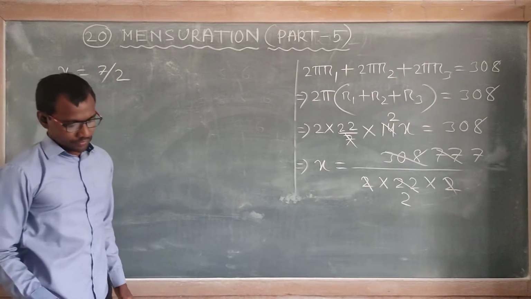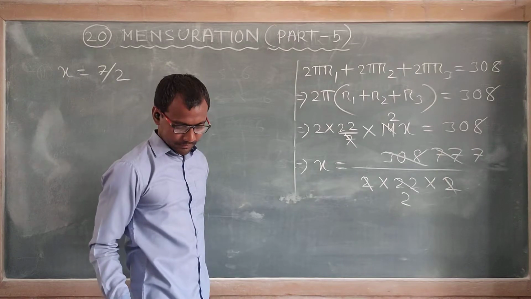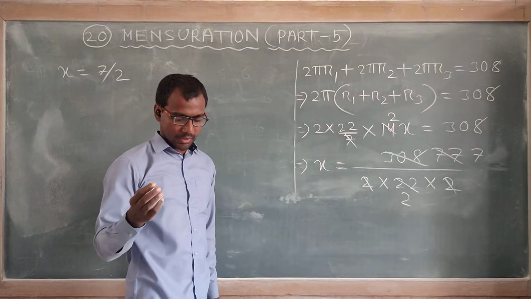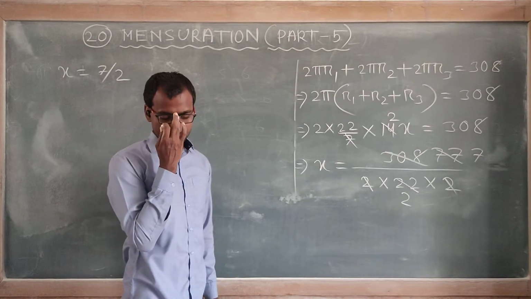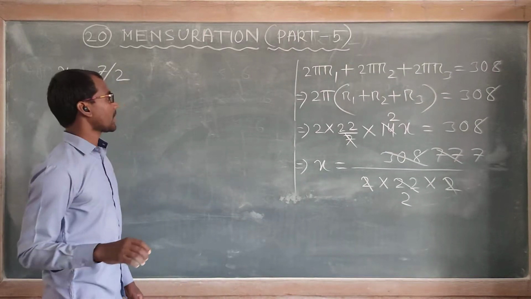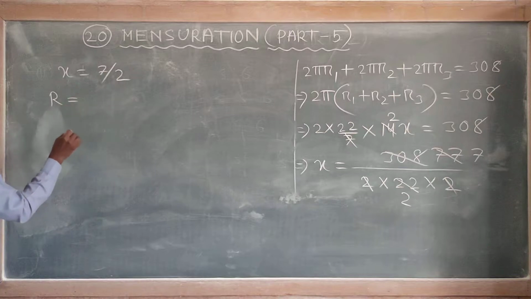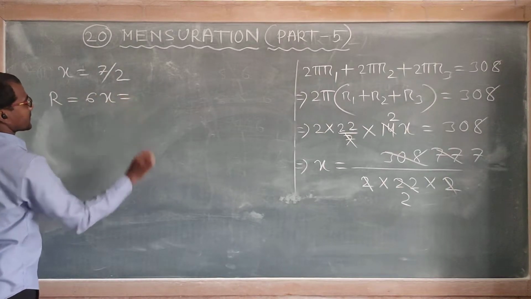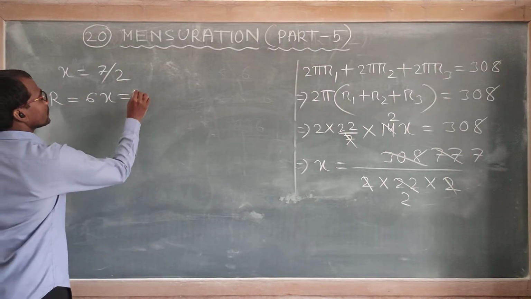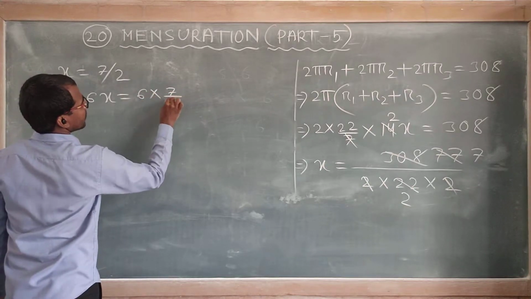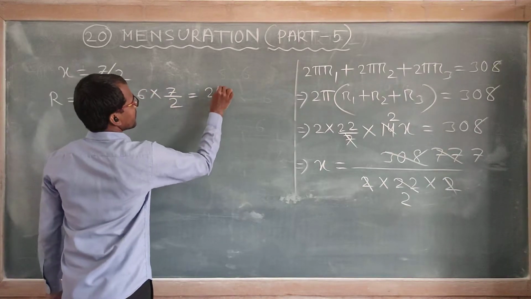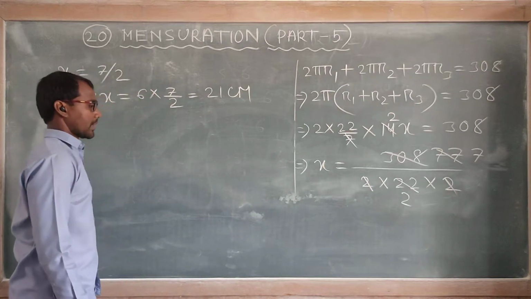x is equal to 7 by 2. So now we have to find the difference between the area of the largest and the smallest of these circles. Okay, so the largest circle has radius 6x, which is 6 into 7 by 2, which is 21 cm.